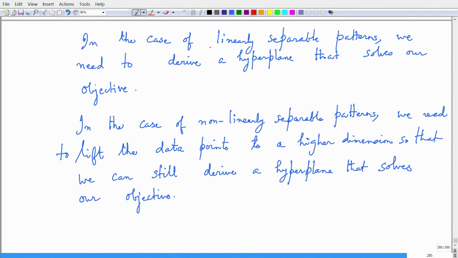There are two cases, linearly separable patterns and non-linearly separable patterns. For linearly separable patterns, we need to derive that optimal hyperplane. For non-linearly separable patterns, we need to lift the points.